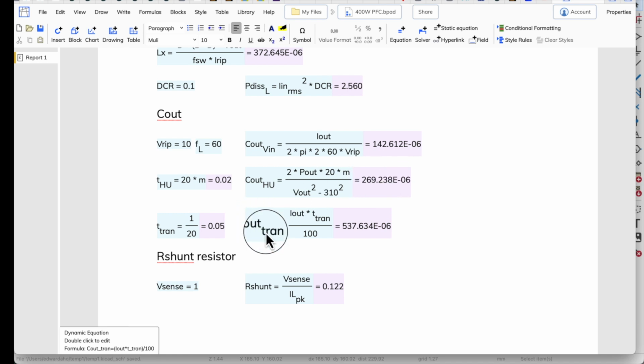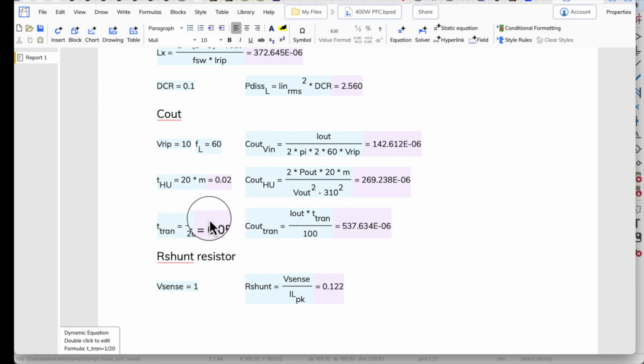But now look at this third equation. I'm getting double that capacitance, and this is for the transient. These two things up above are about the input voltage and output current, maintaining that, the RMS I out for 400 watts. If I want to do that, then these two hold. But what if I have a transient?